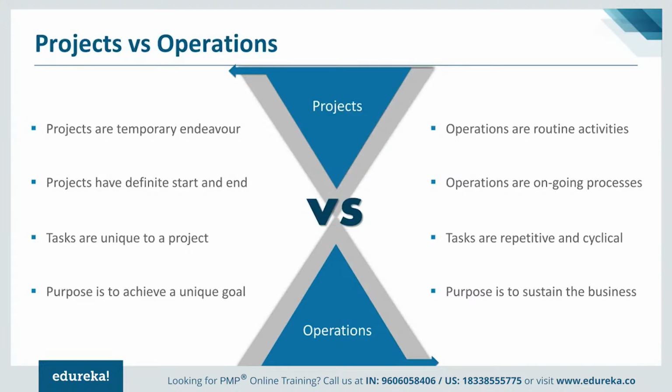Tasks are unique to a project. So every project outcome that we get is unique. When you undertake a project, you are basically creating an outcome which is a unique product, a unique service, or some unique result that you're producing by the end of that project. A project is also undertaken in order to achieve a unique goal. So there should be some unique goal which is drafted in the beginning of the project. It's predefined.